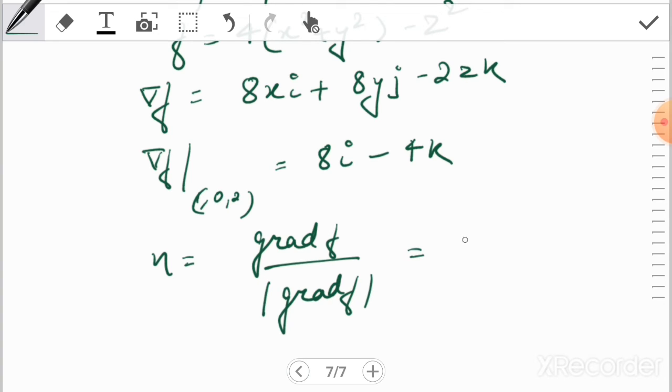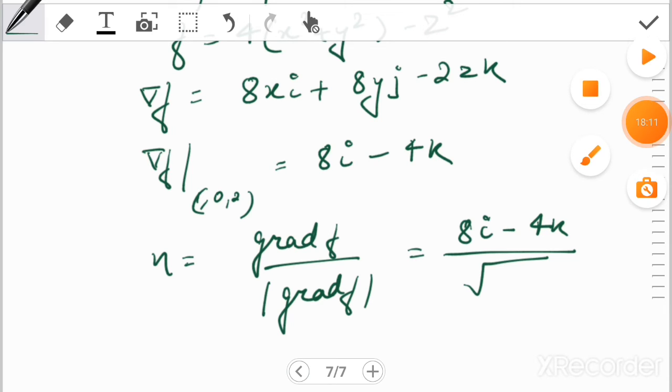So which is 8i minus 4k by root under 64 plus 16, so which is 4 root 5.